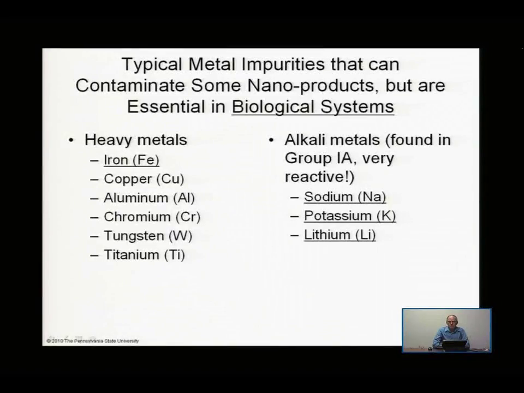Now, many of these elements, such as iron, copper, what have you, are found in biological systems, potassium, sodium, and so they can be present. They can be present in human breath. They can be present on people's hands because they're just part of a lot of biological systems. So these metals, which can be easily ionized, can be quite a source of mobile ion contamination.